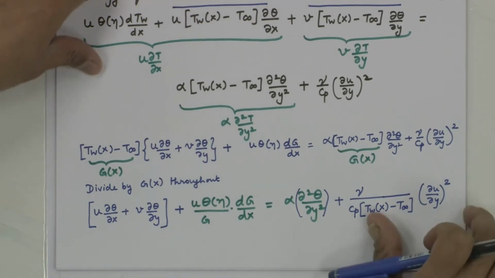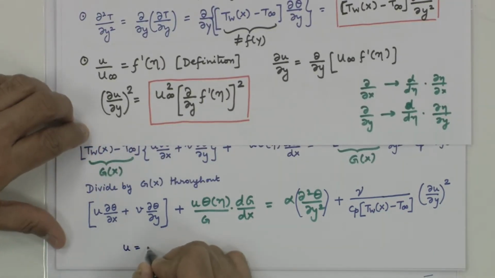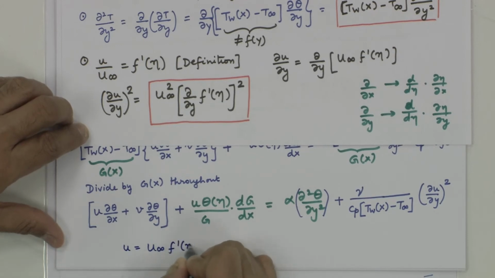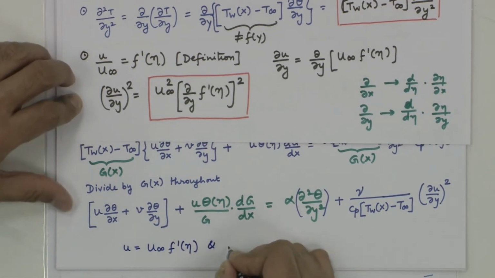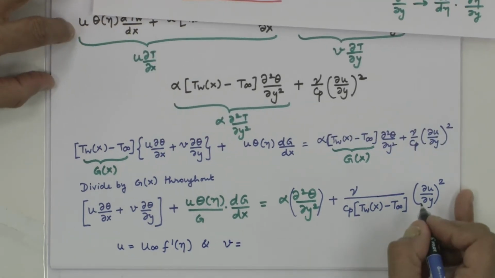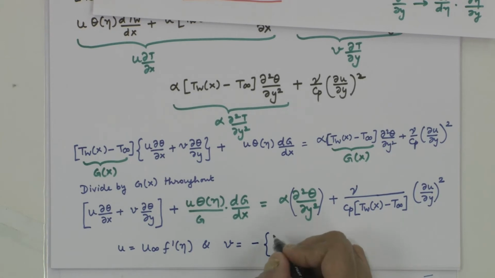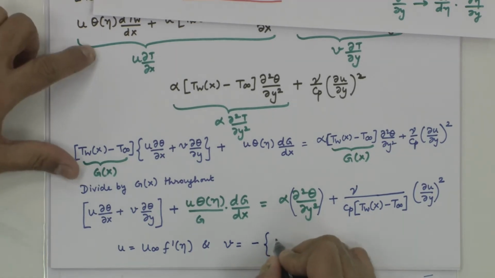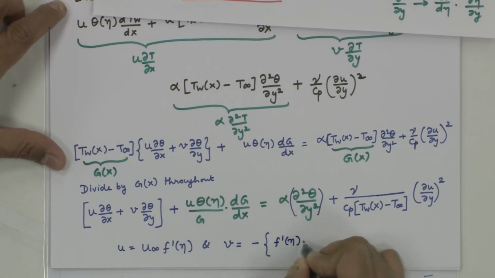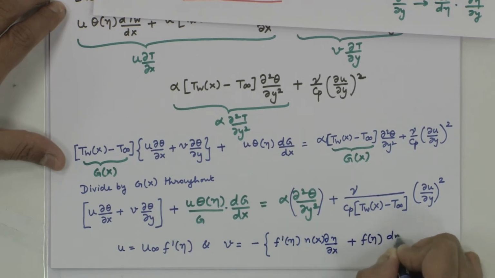So now let us substitute for u, u is equal to u infinity f prime of eta, and v is equal to, this is from your momentum equation scale similarity method, v is equal to minus [f prime of eta n of x d eta/dx plus f of eta dn/dx].